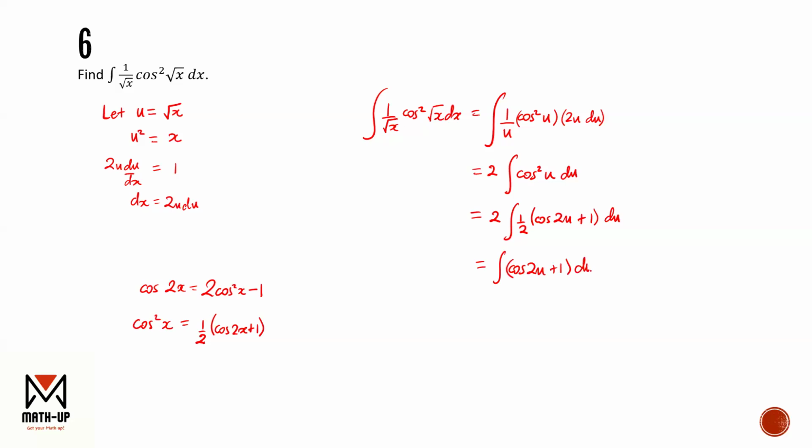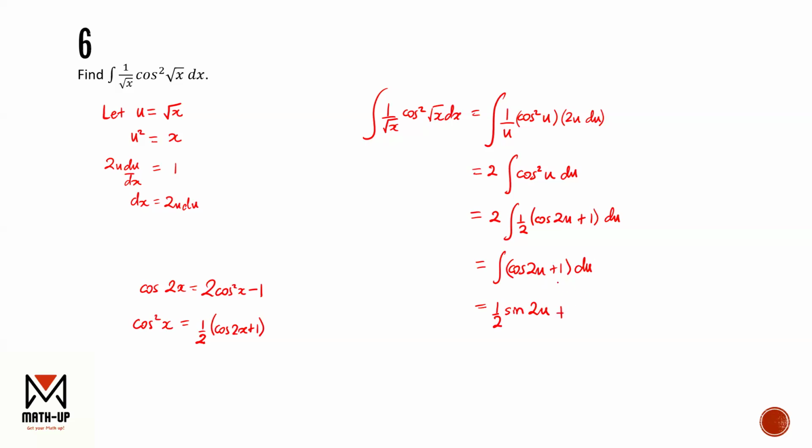Now we know that the cos of 2u comes from a half sine 2u, because when you differentiate sine of u, you get cos u. So the cos of 2u should have come from a half of sine 2u. You divide by the derivative of the angle, and then replace it with the function which it came from.